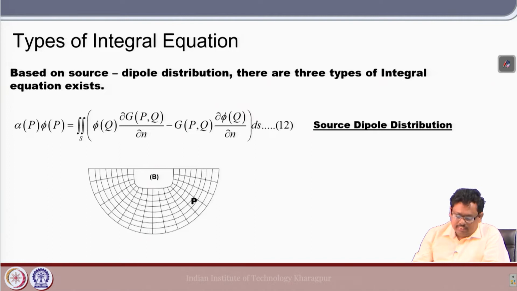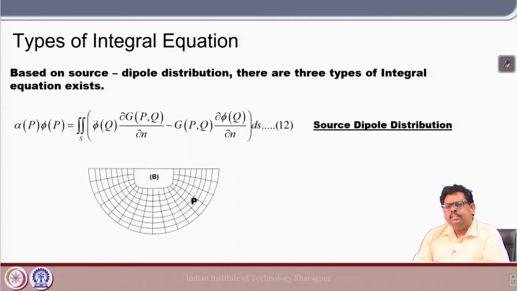So, this is the typical source dipole distribution, and we know very well what this equation is. Here you have this left hand side, alpha p. If you remember, alpha p is 4 pi inside the fluid domain, 2 pi on the boundary, and 0 outside.